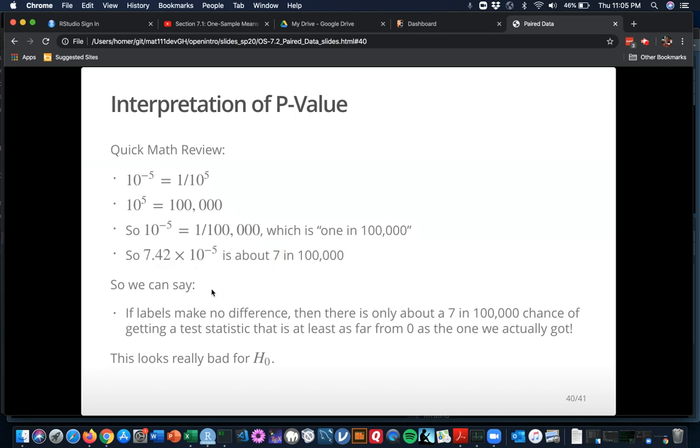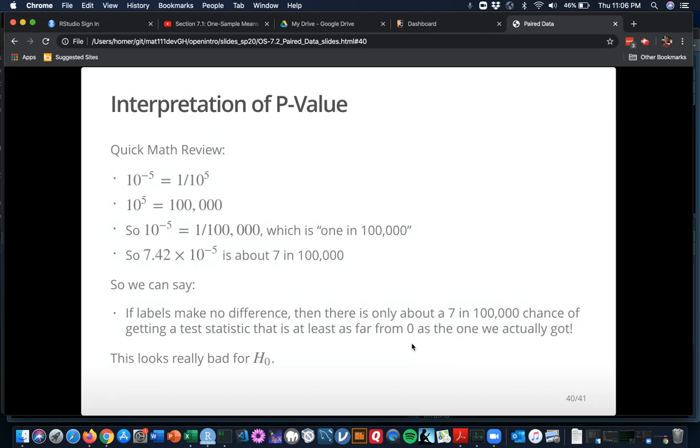And so when we interpret that p-value, we can say to ourselves, if the null is true, if mu d is 0, if labels make no difference, then there's about a 7 in 100,000 chance of getting a test statistic that's at least as far from 0 as that 4.6 that we actually got.